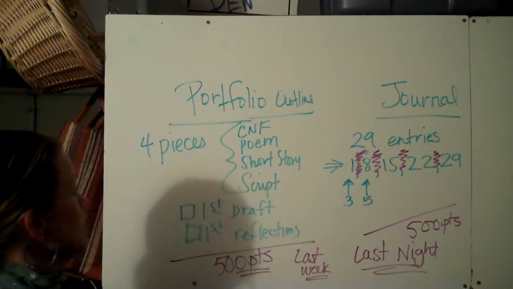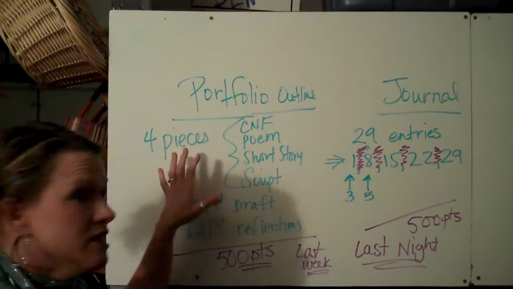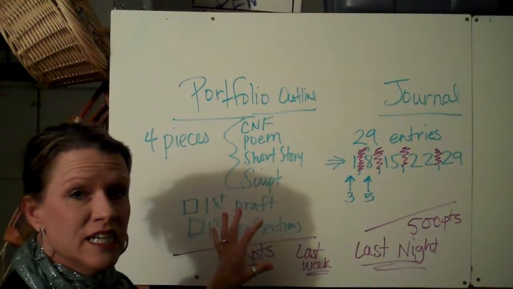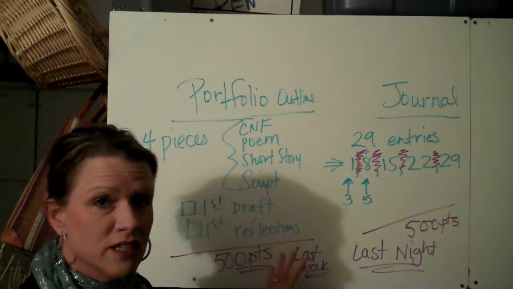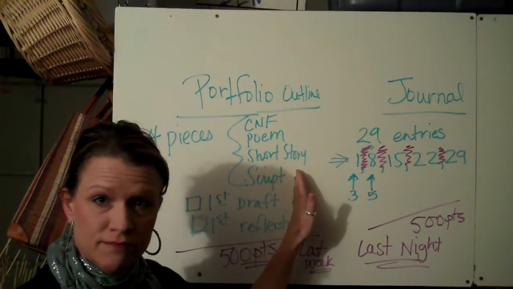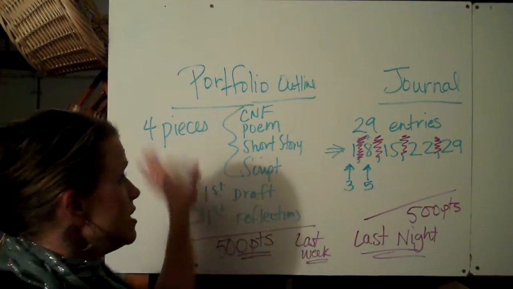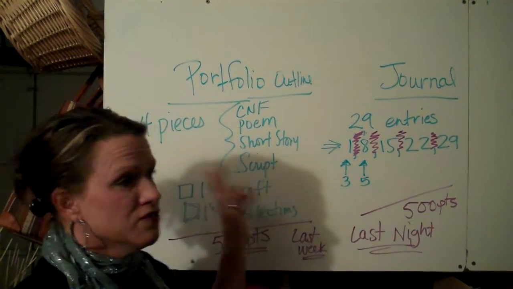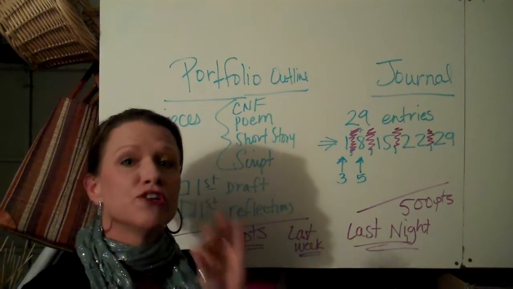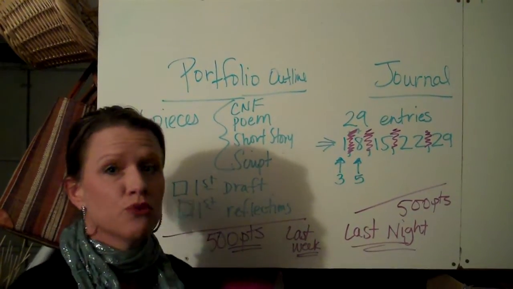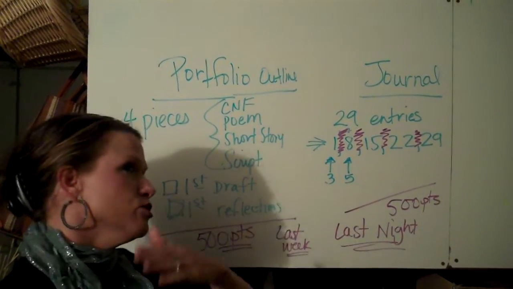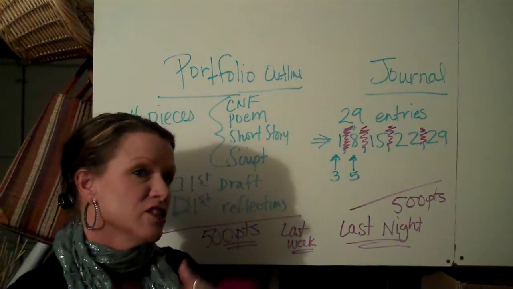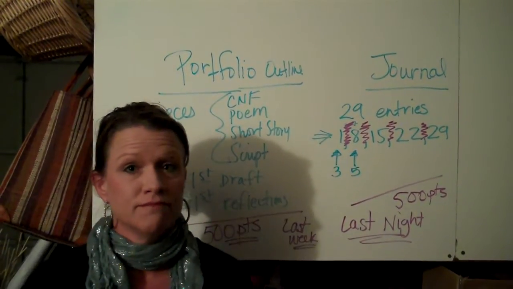Now I want to emphasize, the portfolio outline, this grade you earn here is not based on the quality of the final draft. Let me repeat that. The grade for your portfolio is not based on the quality of your final draft. It's based on the transparency of your reflection and your writing process. Are you walking me through in your reflections the specific decisions you made as a writer?